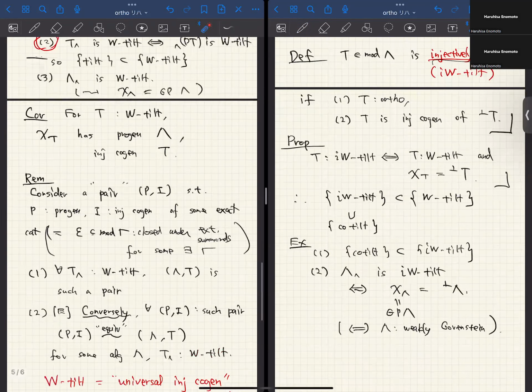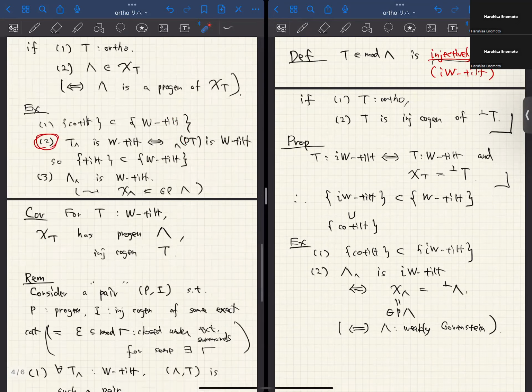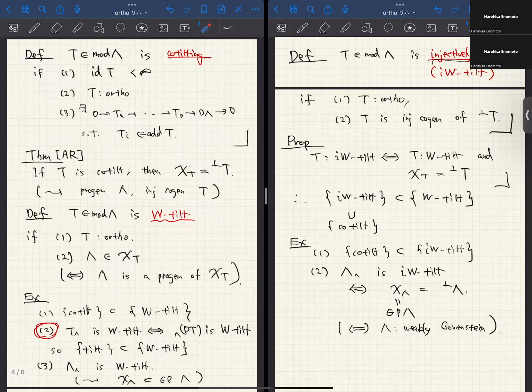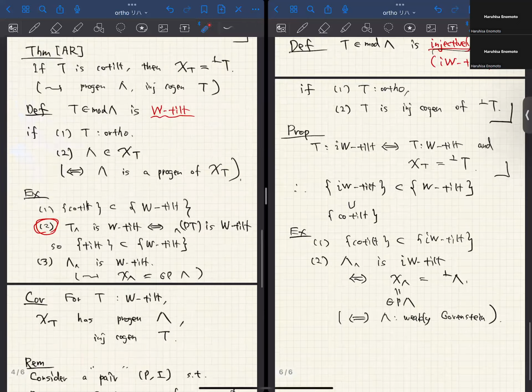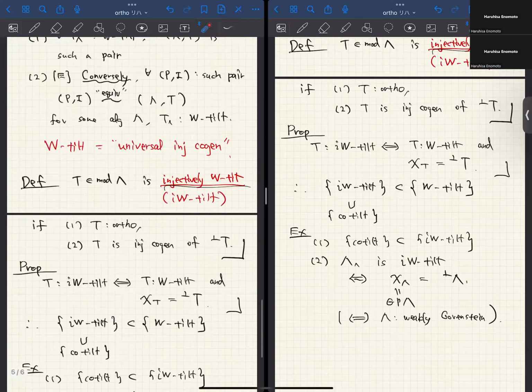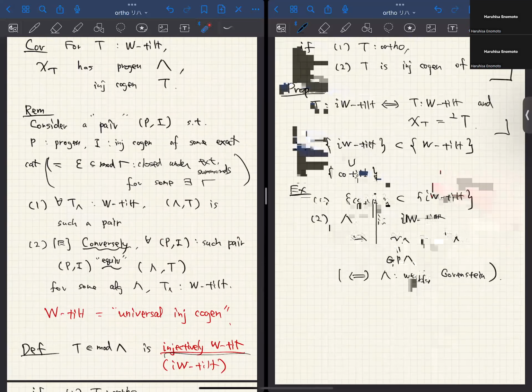So I will explain my results about these Wakamatsu tilting modules. I will talk about the main results.